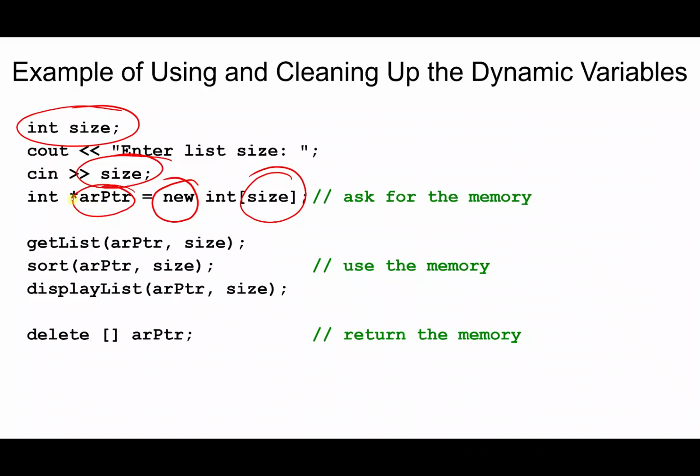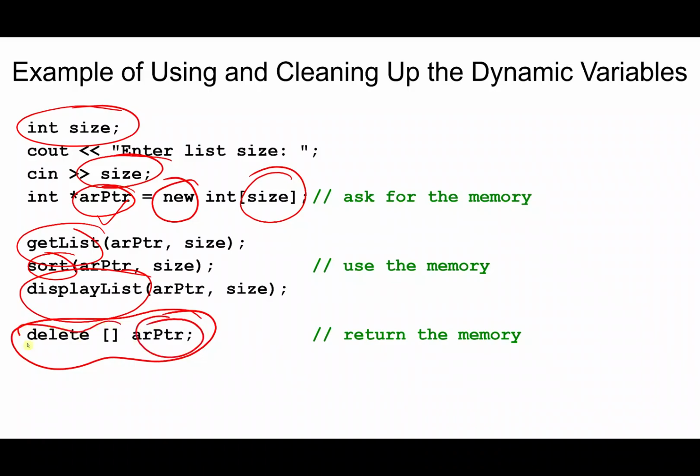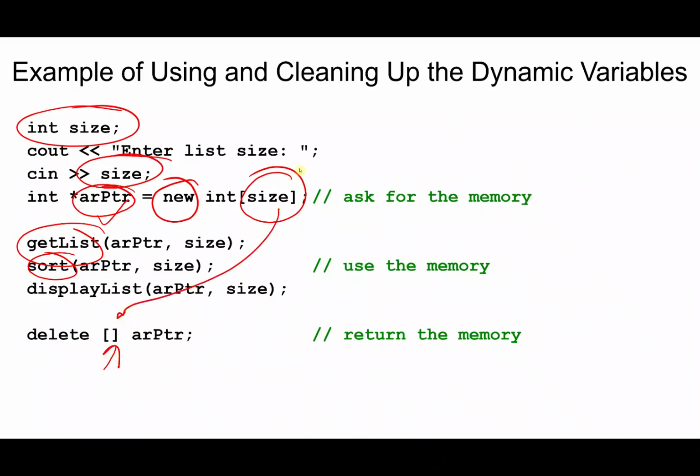Then we used three functions: get list, where we filled the array; sort, where we sorted the array; and then we displayed the array. And then how do we delete that? We deleted array PTR, so we use the pointer where we stored the address, and we use delete and the square brackets. Something to notice is that it's empty. We did not say delete size. No, we did not say that. Right? It's empty.